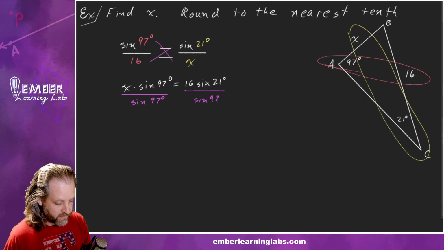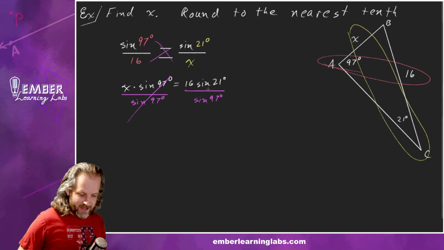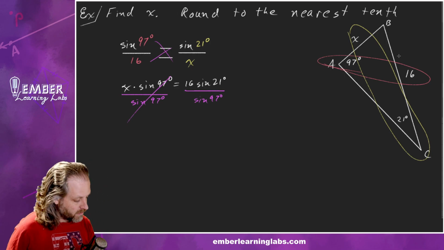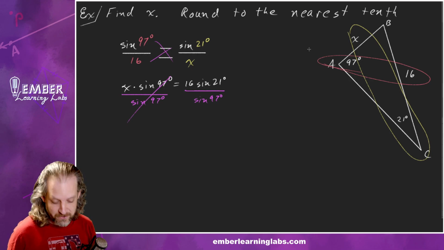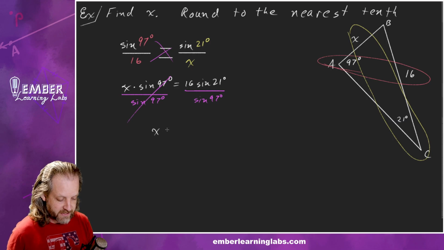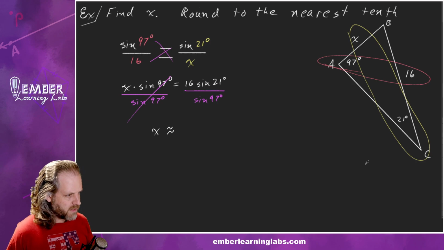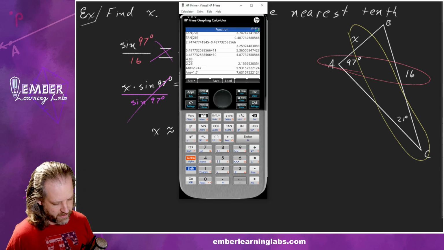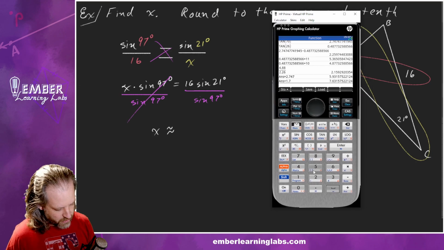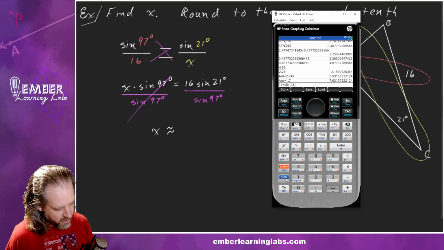Sine of 97 degrees. Now, depending on context, you might just circle that and move on with your life. If the instructions said to write your answer as an exact solution, that's what we want to do. But since it says round to the nearest tenth, that tells us we want the decimal equivalent. So x is approximately equal to, and we pull out our calculator. 16 times the sine of 21 degrees.